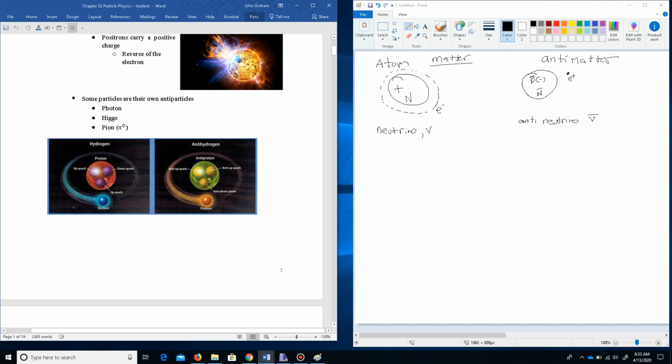For the anti-hydrogen, you have an anti-up quark instead of an up quark, another anti-up quark instead of an up quark, and an anti-down quark instead of a down quark. And this will make the anti-proton. And then you have a positron moving about it. And so this will be anti-hydrogen.